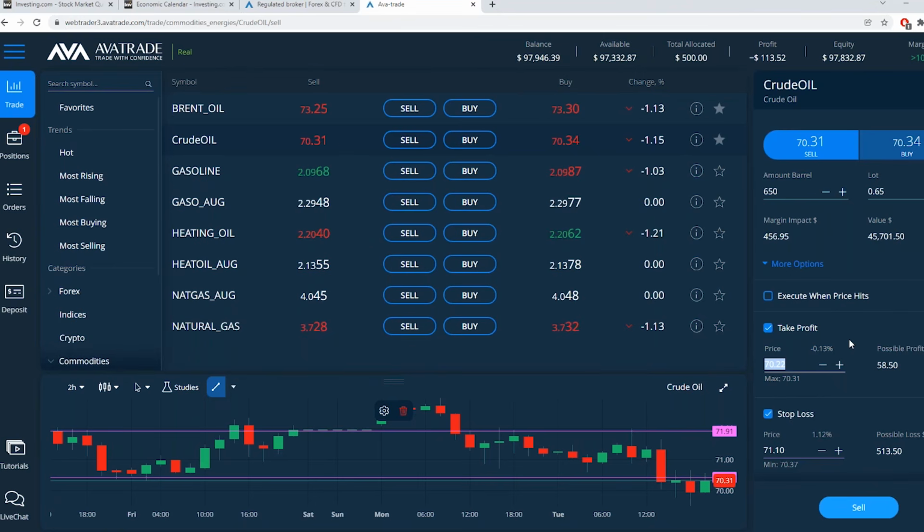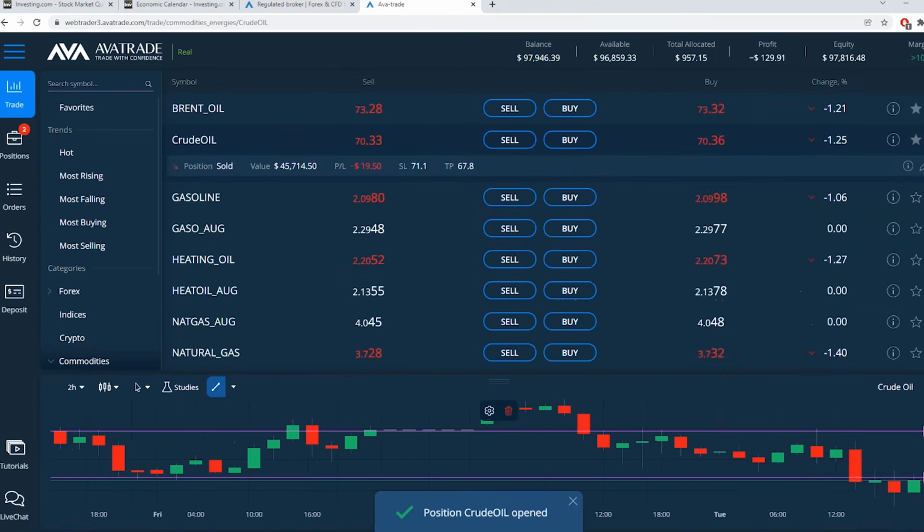So I'm gonna go 67.8. Okay, 67.8 on my take profit. I'm going after over 1,600 possible profit, only risking just about 500. And so there I am selling.